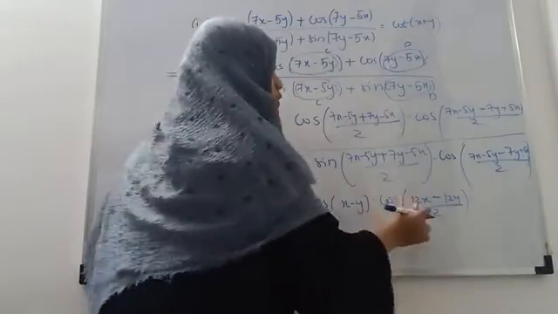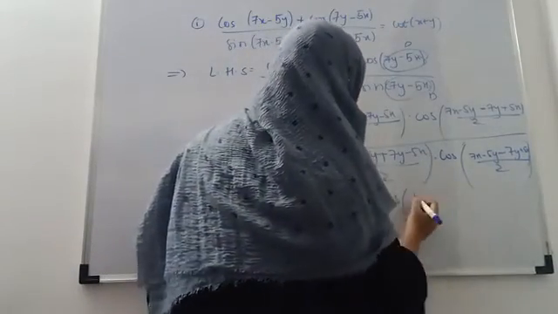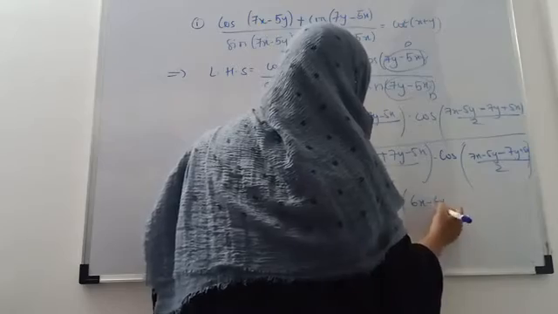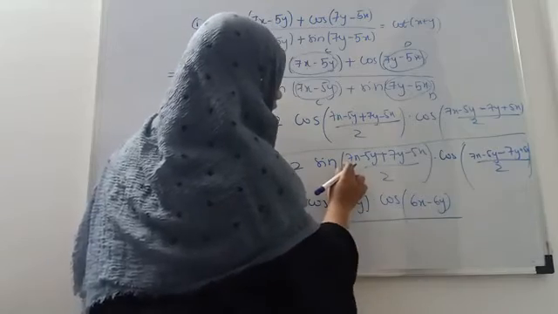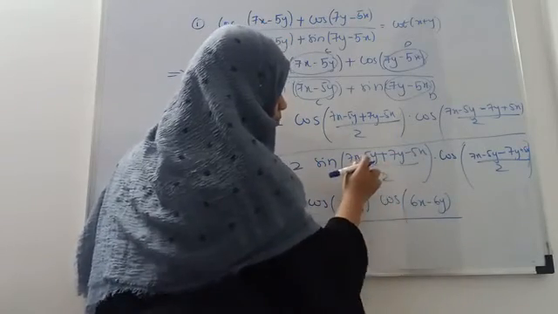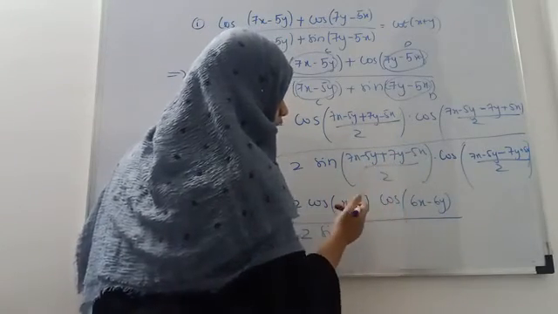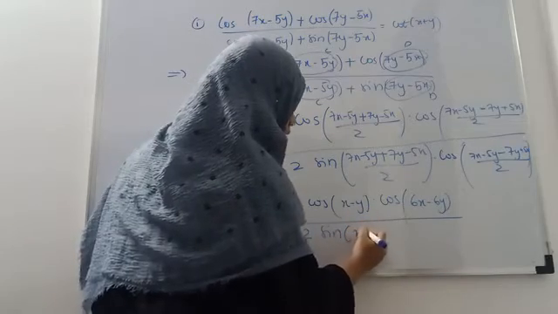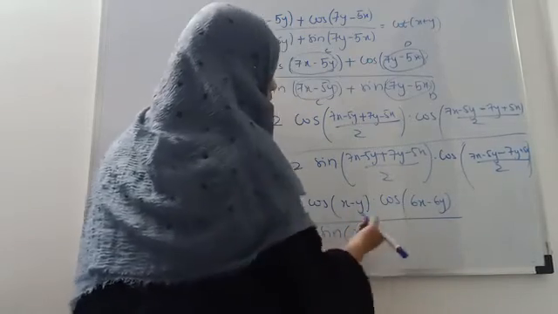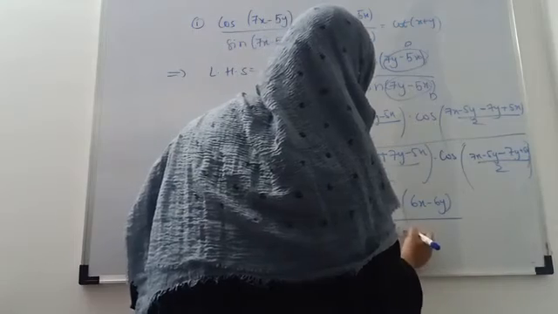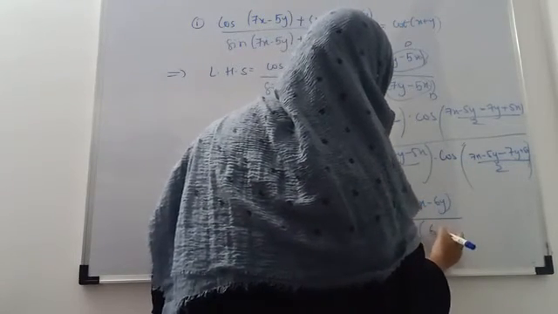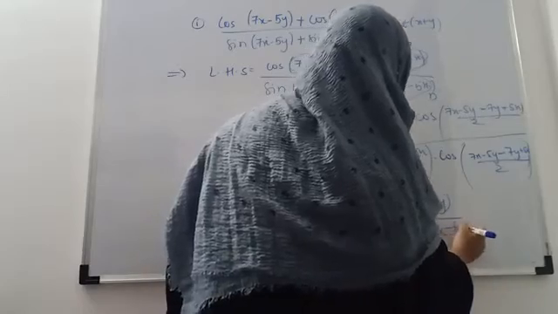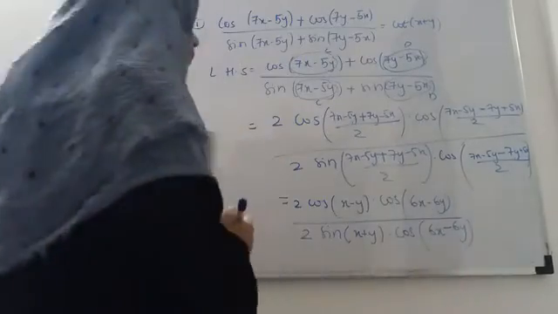Taking 2 common, you are left with 6x − 6y, divided by 2 sin(7x − 5x, 2x, plus 2y), so it will be x + y, into cos of 12x − 12y over 2, again 6x − 6y.